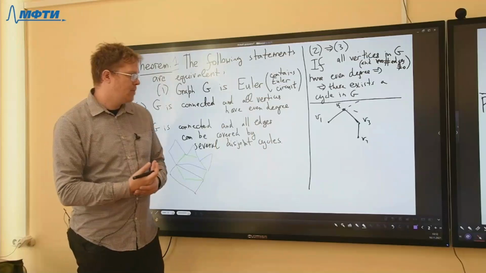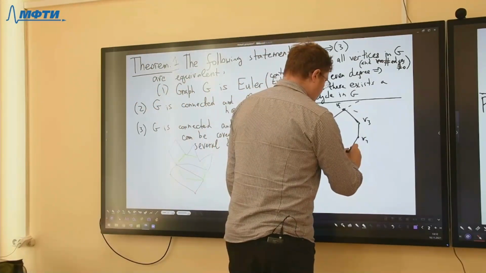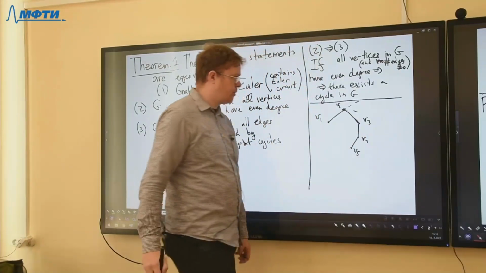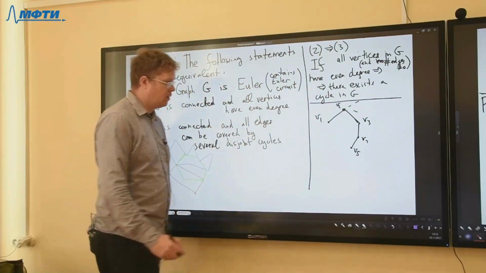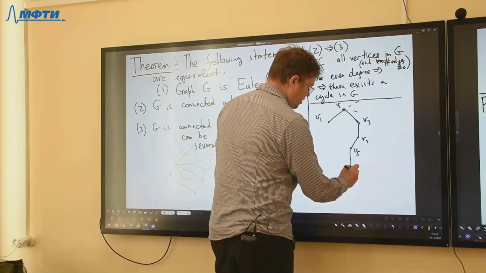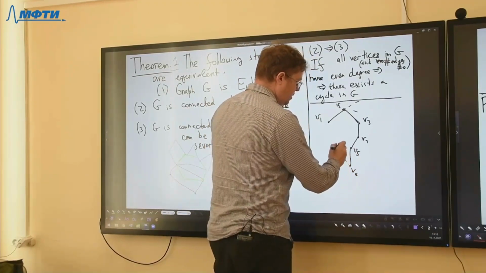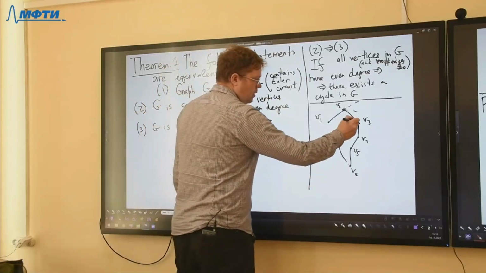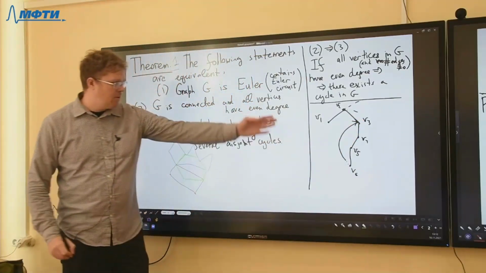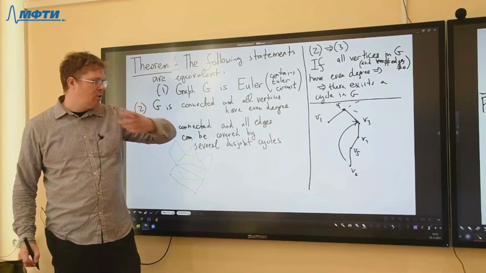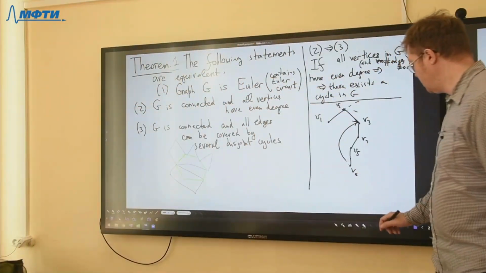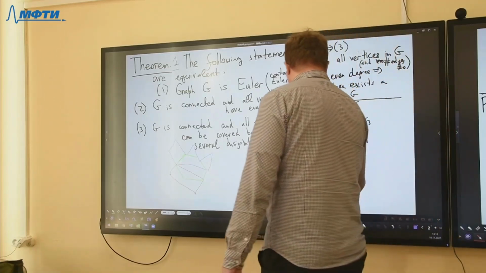Sometimes we will get to a vertex where we have already been. For example, we go V5, V6, and then to one of the previous vertices, for example V3, and so we have a cycle V3, V4, V5, V6.